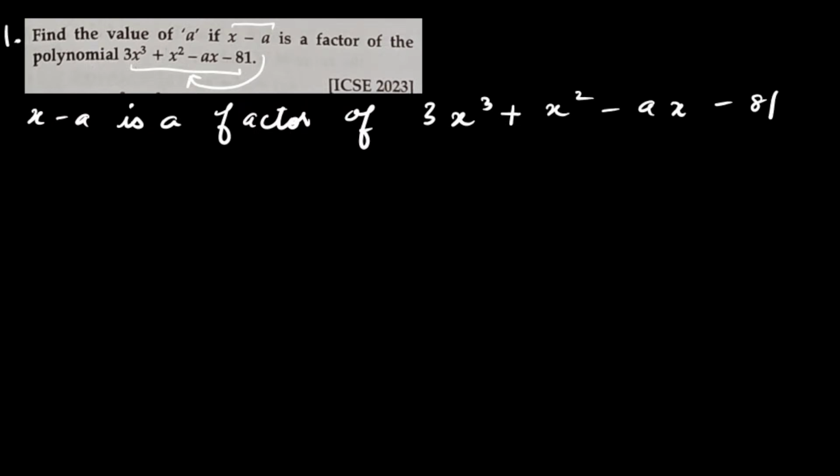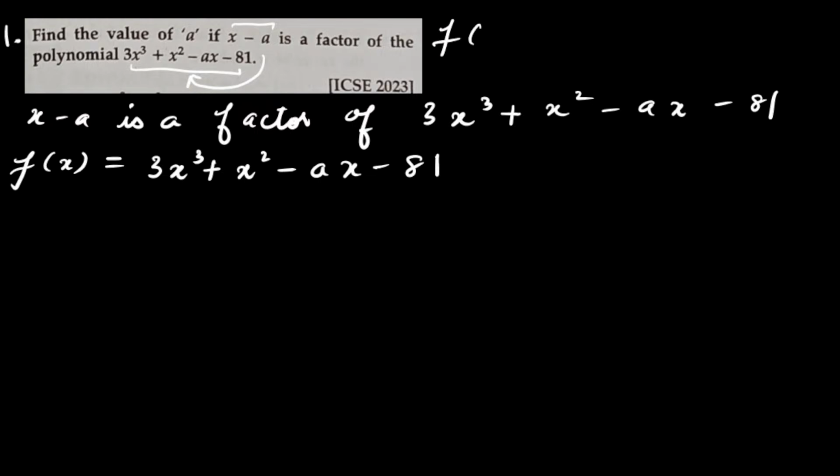Whenever it's a factor, first of all you have to write the given polynomial this way: f(x) is equal to 3x cube plus x square minus ax minus 81. f(x) is just a way of writing the polynomial, where x is the variable.